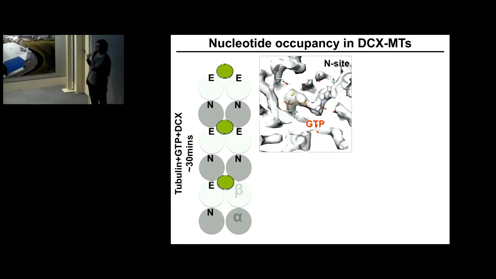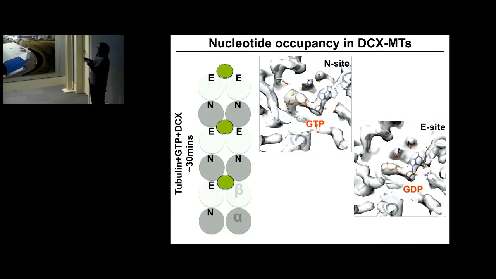What's handy about tubulin is that there's a sort of built-in control, because alpha-tubulin, as I said, also binds to GTP, but it's never hydrolyzed in the context of the lattice. So this is the GTP that's fitted into the structure of Doublecortin stabilised microtubules in alpha-tubulin, and this is the GDP, which is present in the beta-tubulin active site in the presence of Doublecortin. So we knew biochemically that Doublecortin supported hydrolysis of GTP, but now we can see that directly by looking at the nucleotide.